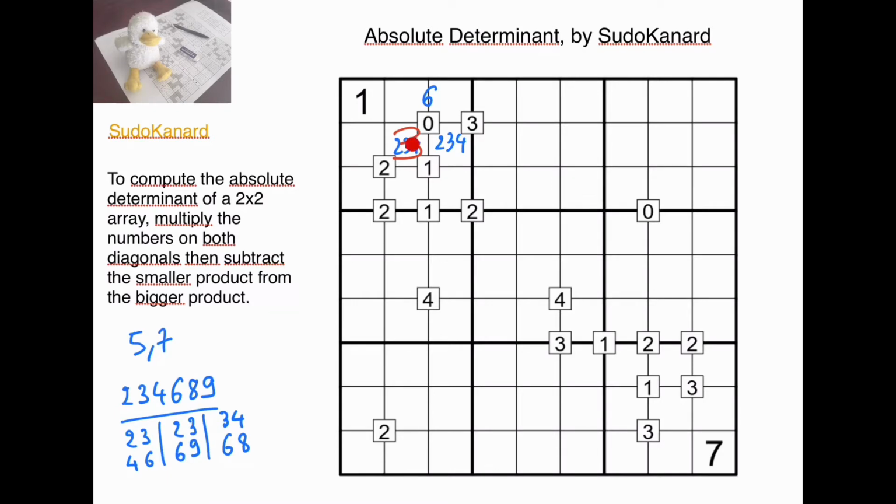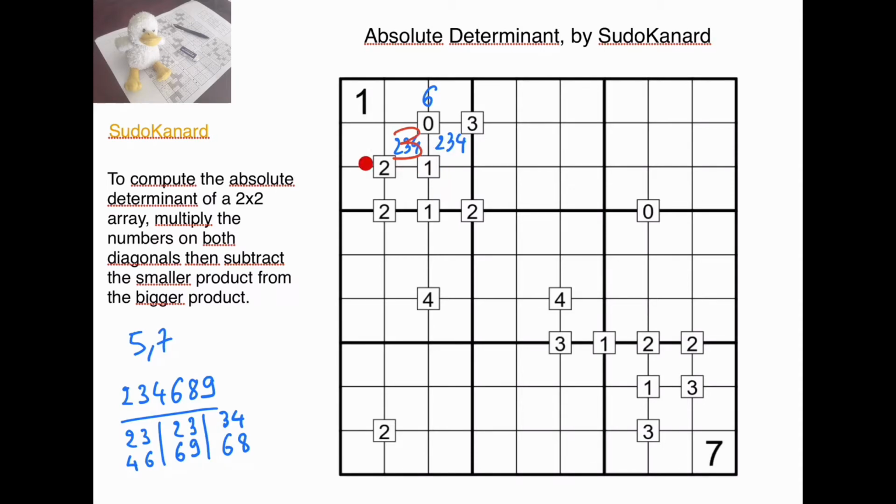Well, let's have a look at this. We know that the difference between both diagonals is 2. So both products have the same parity. Now, can it be an odd number? If this is an odd number, then all these 4 digits must be odd, and those 2 digits will be even, meaning that the determinant will be an even number, which is not the case.